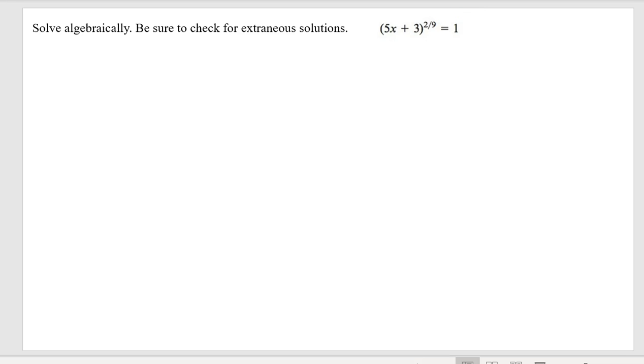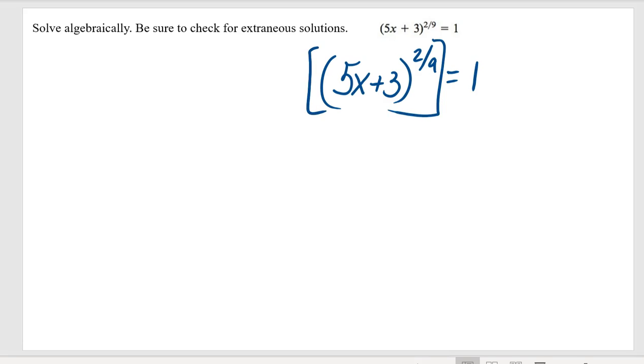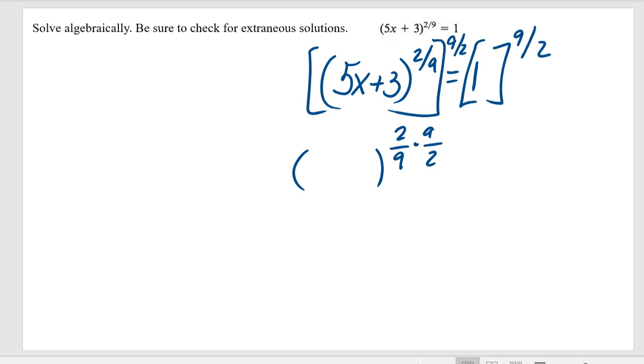When we want to solve it, we can easily solve it by raising each side to the reciprocal of the exponent. So if I have an exponent of 2/9, then I'll just raise it to the power of 9/2 on both sides. We do this because we know that 2/9 times 9/2 equals 1.